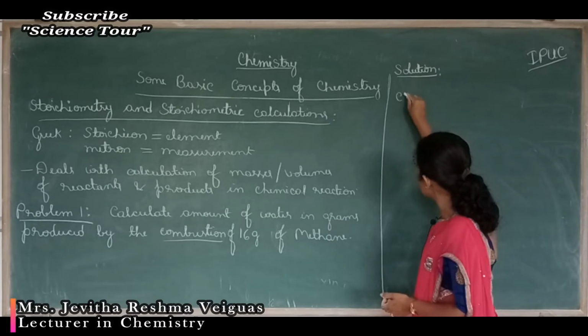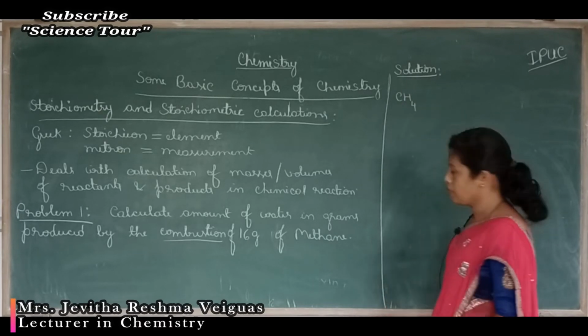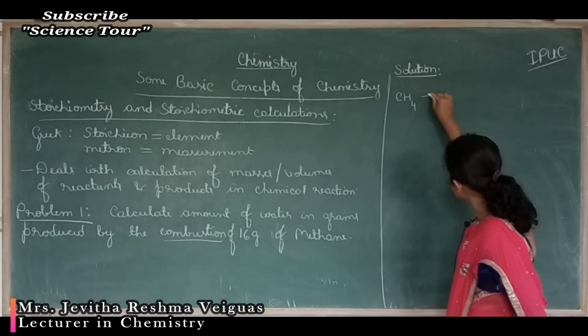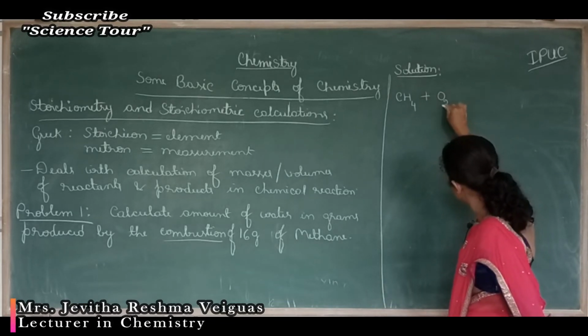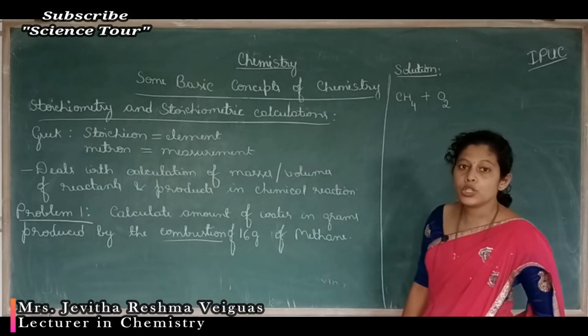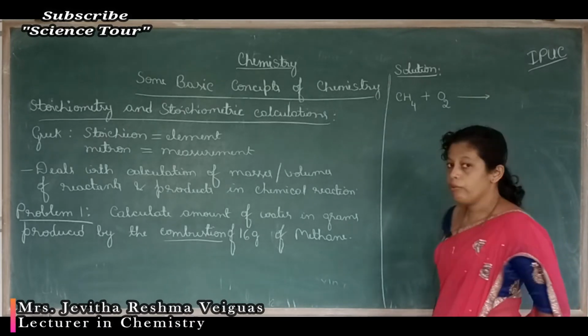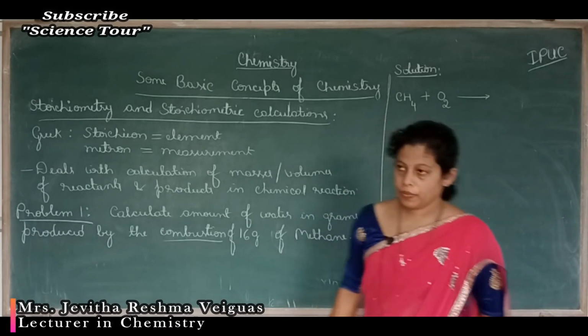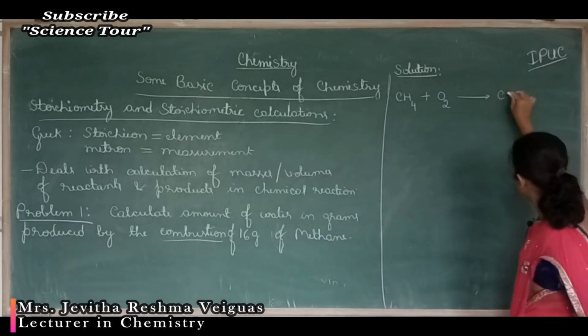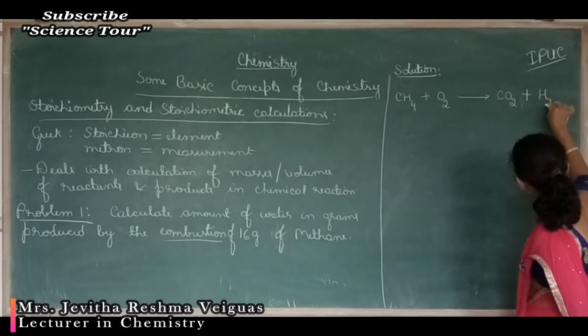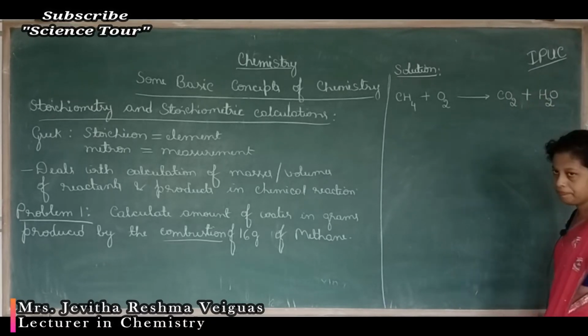Formula of methane is CH4. It is combusted, means burnt in presence of oxygen. So CH4 plus O2. Whenever methane is burnt, we will get two products. One product is carbon dioxide, CO2. Another product is water, that is H2O.